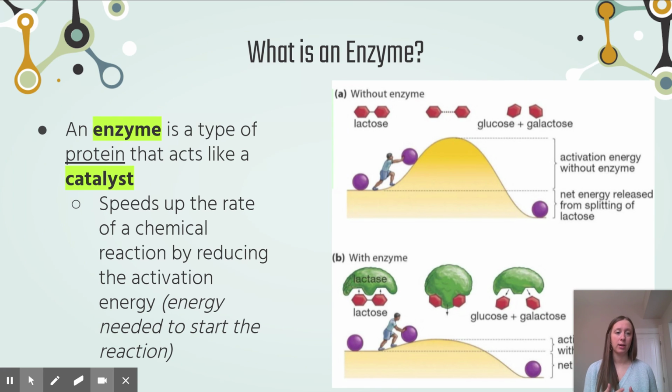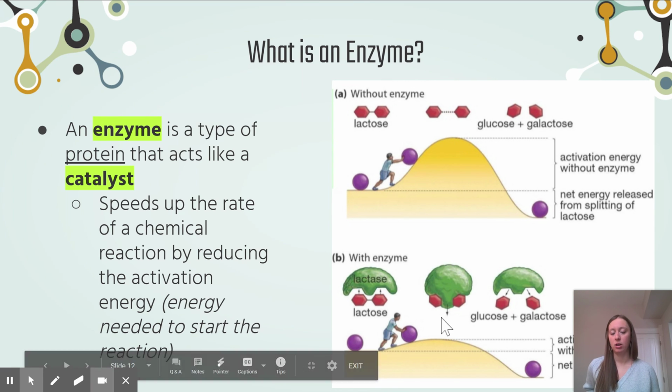Looking at the picture on the right, we've seen before, the top picture is showing us how much energy it would take without the presence of an enzyme to break lactose into glucose and galactose. We can see just how tall that bump is. That means there's going to be a lot of activation energy needed to start that reaction. In the bottom picture, we see lactase.